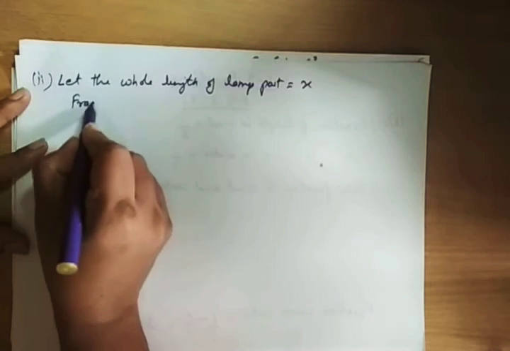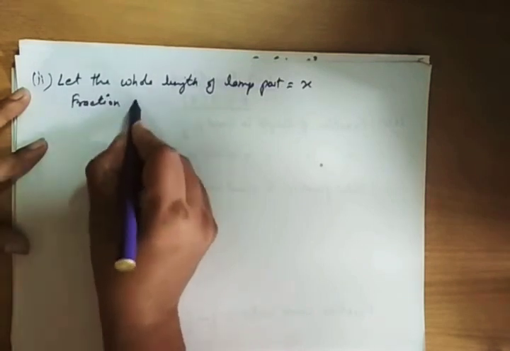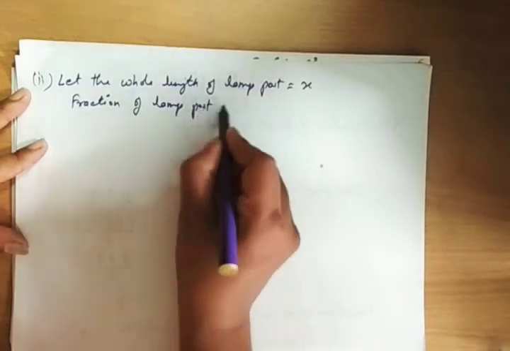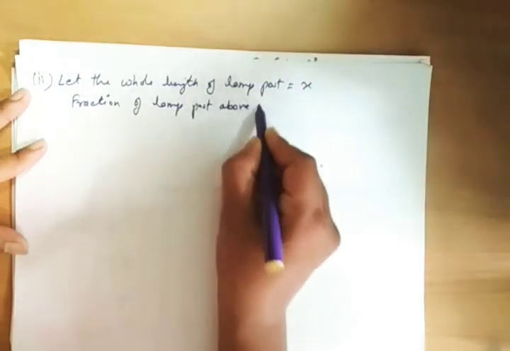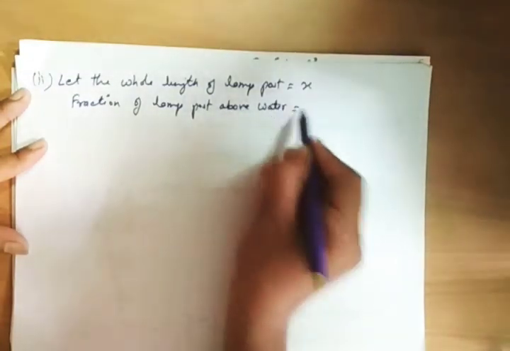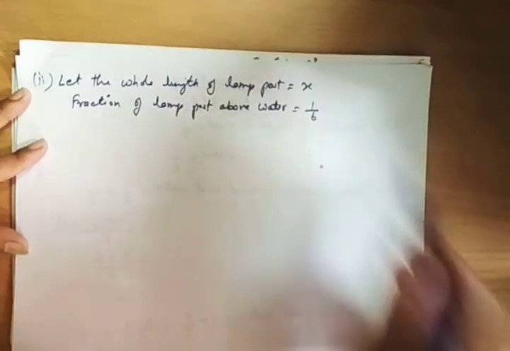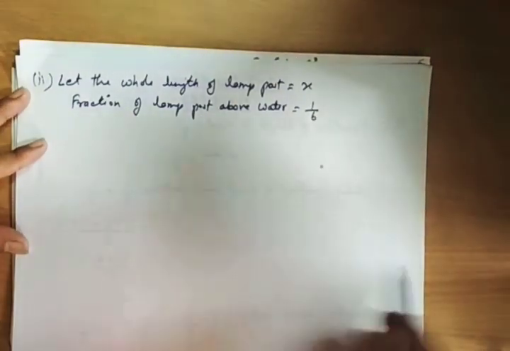Now fraction of lamp post above water. Now I am writing what fraction of the length of the lamp post is above water. What fraction is above water? 1 by 6.